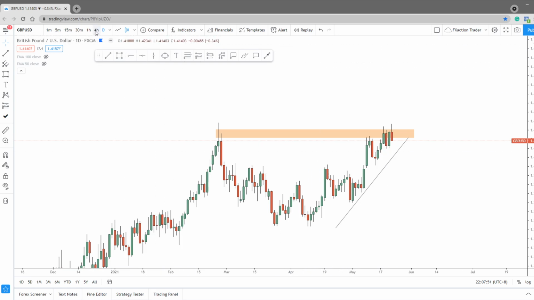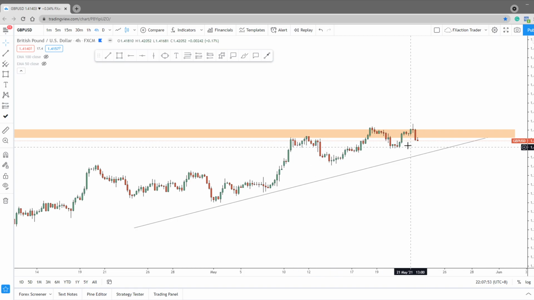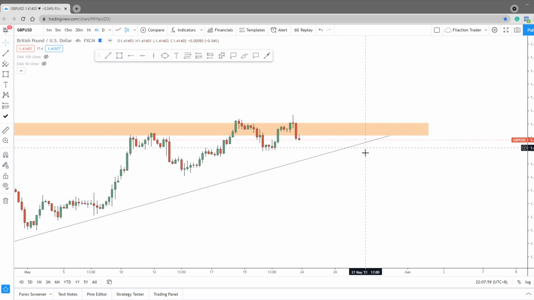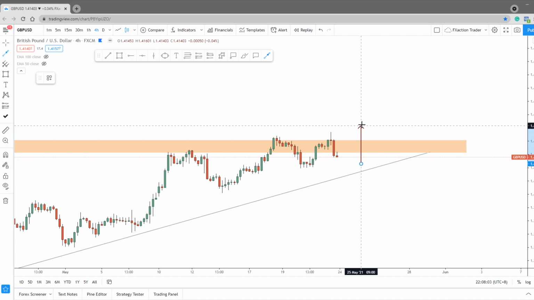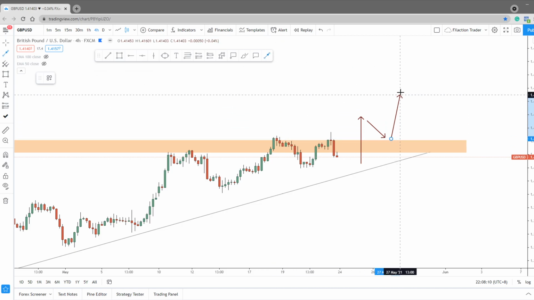And what we can see on H4 is that a market structure like a triple top has been formed on the H4 chart. So in order for me to go for a buy trade, I would need market to show me a clear break above this level, a pullback, and this is the time I'm going to go for a buy trade.